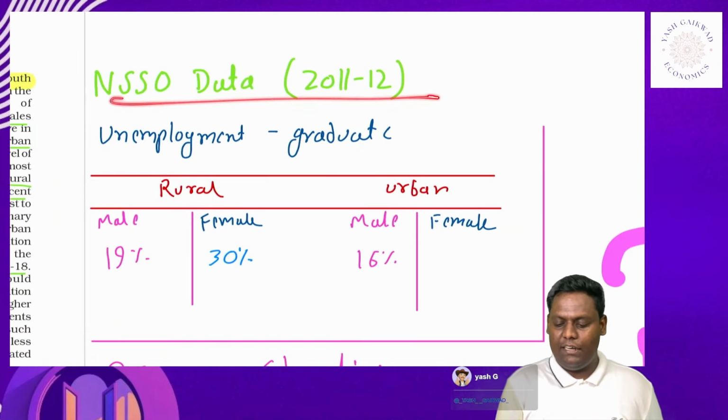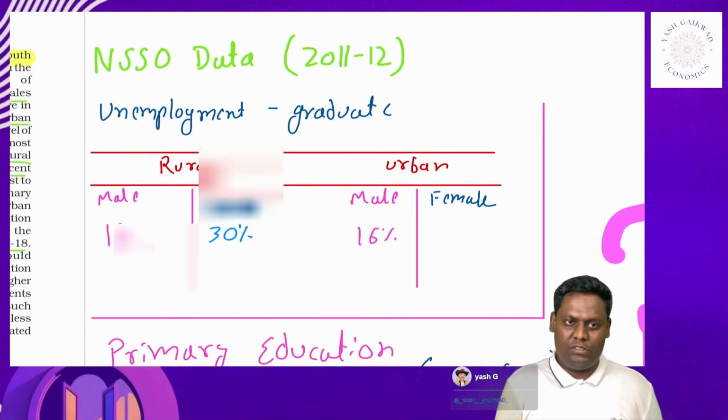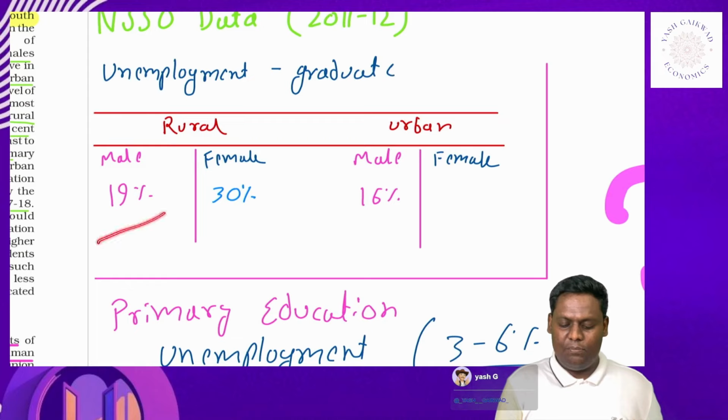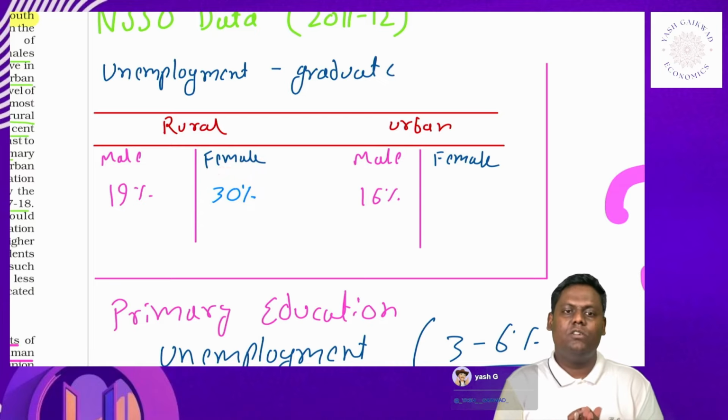As per data published by NSSO in the year 2011-12, the number of unemployed graduates in the male population is 19% in rural areas and 16% in urban areas. At the same time, in the case of the rural female population, this percentage is 30%.